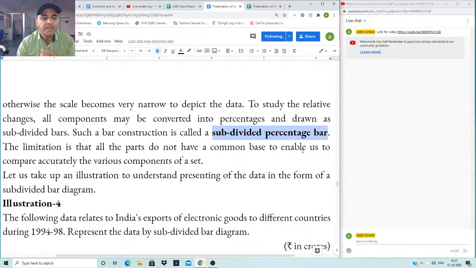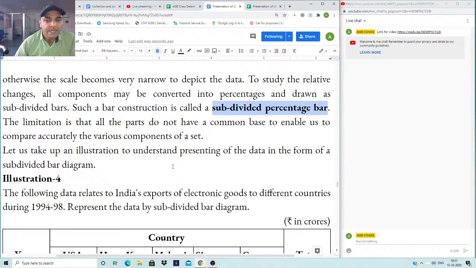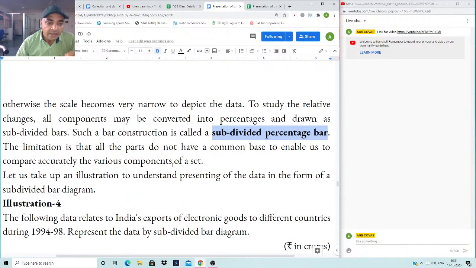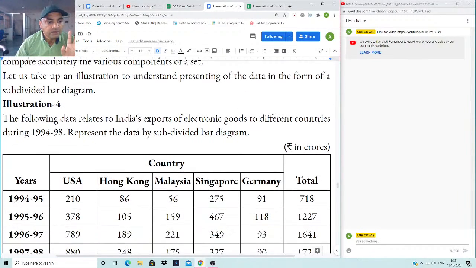Similarly you can do it here also. The limitation is that all the parts do not have a common base to enable us to compare the various components accurately. In a multiple bar diagram, everything starts at zero, so you can compare one from the other. So this is the limitation.